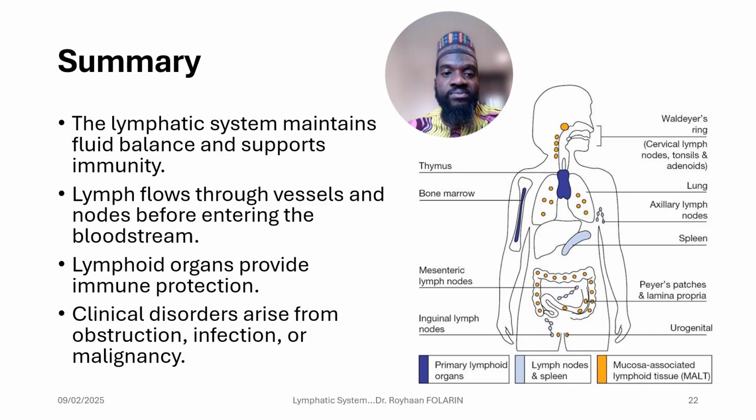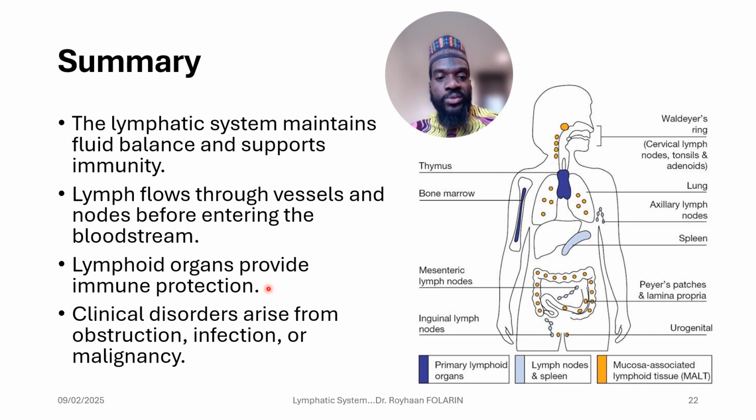So to summarize, we now appreciate that the lymphatic system maintains fluid balance and supports immunity. We've gone through the different components of the lymphatic system, ranging from the lymph itself down to the vessels, the nodes, the trunks, and the ducts, before they eventually enter the bloodstream.